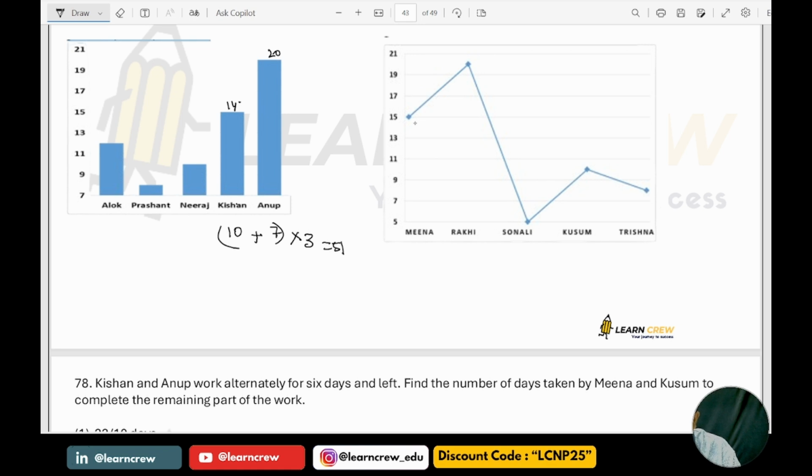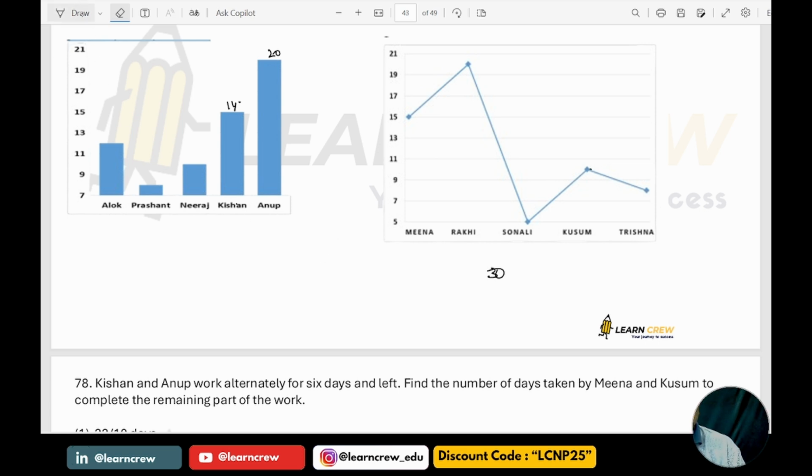Meena 15, Kusum 10. The LCM is 30. So please see here, here it is 30 work. Here I have taken the work as 140.